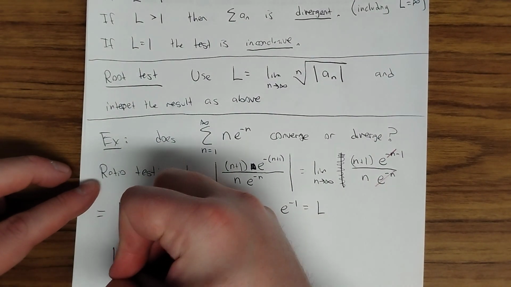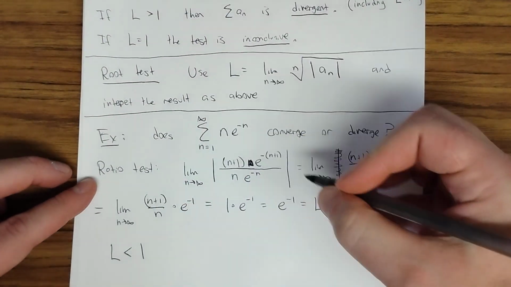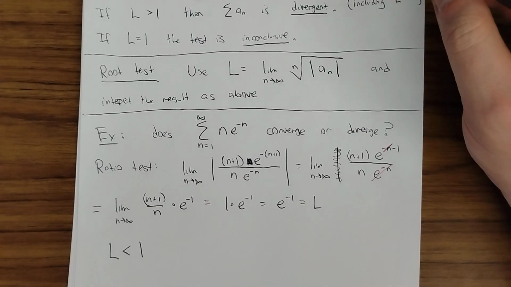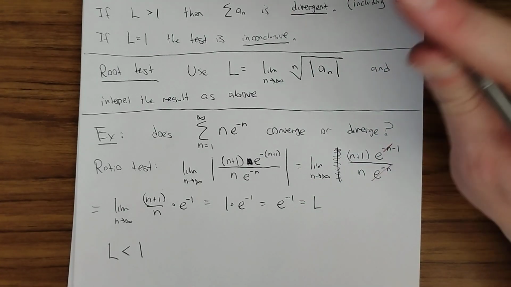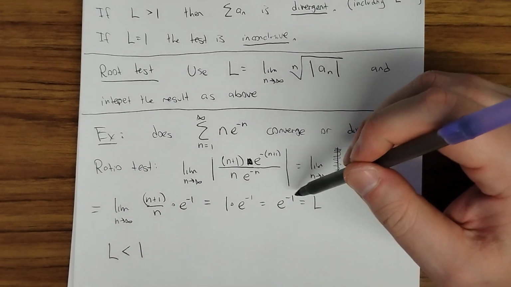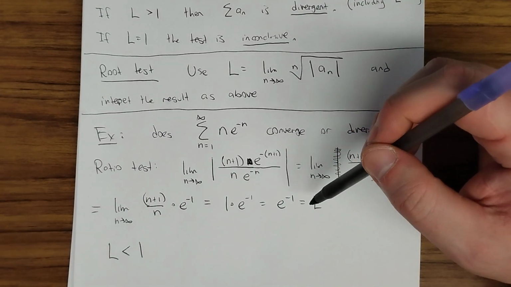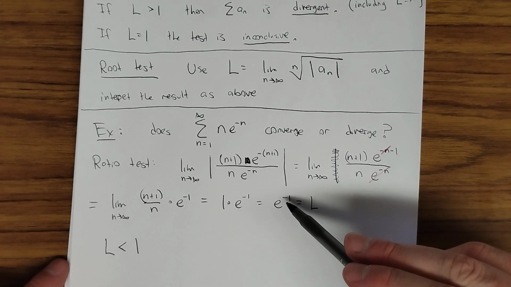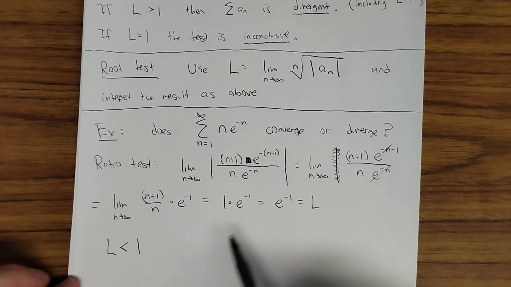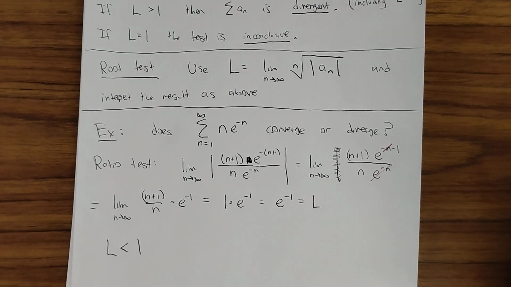And that is a number that's less than 1. I don't need to know too much about the number e to know that. E is about 2.7 something something, so e to the negative 1 is like 1 over 2.7 something something. You don't need to know the exact value of e, and it goes on forever, but it's easy enough to see that that's less than 1.